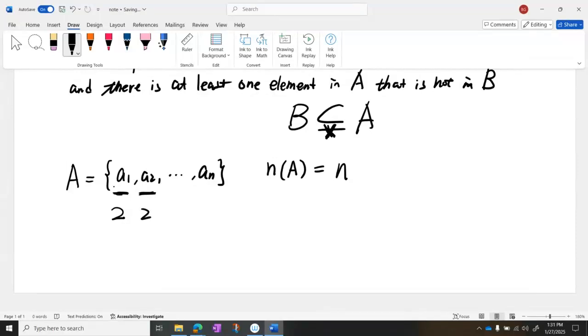And third step is include or exclude a sub 3, another 2 options. And so on until the last step, I consider include or exclude the last element. So I have 2 options. How many 2's are here in this multiplication?